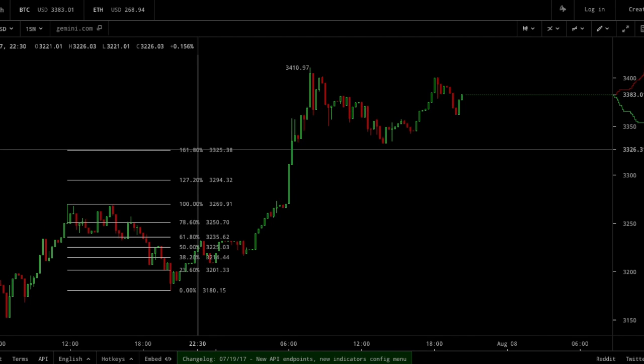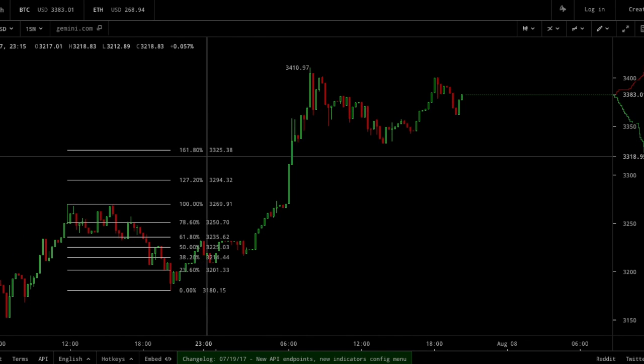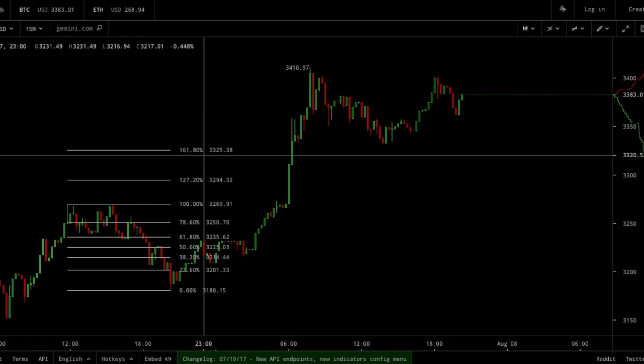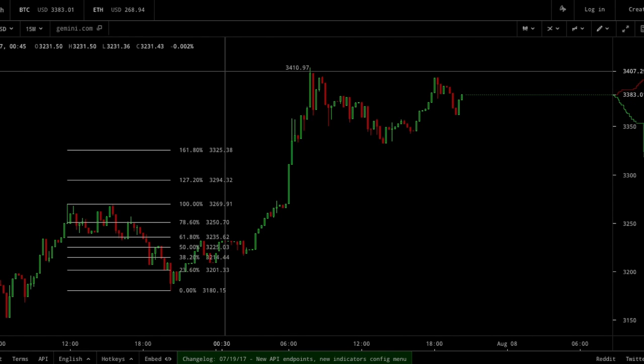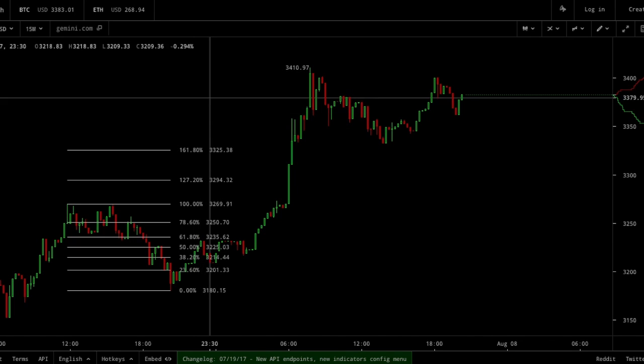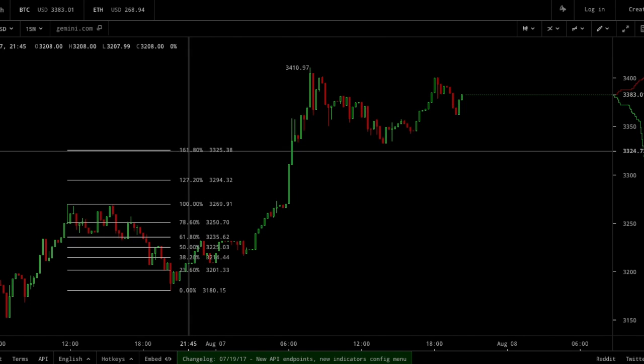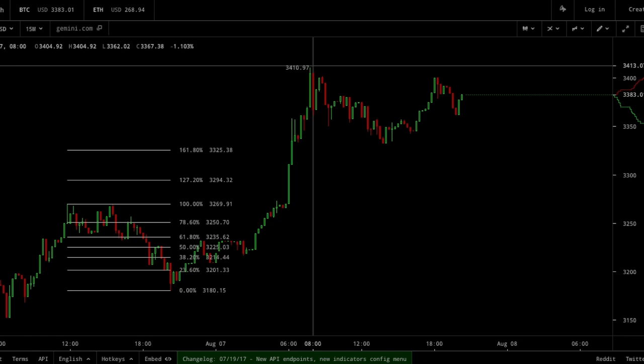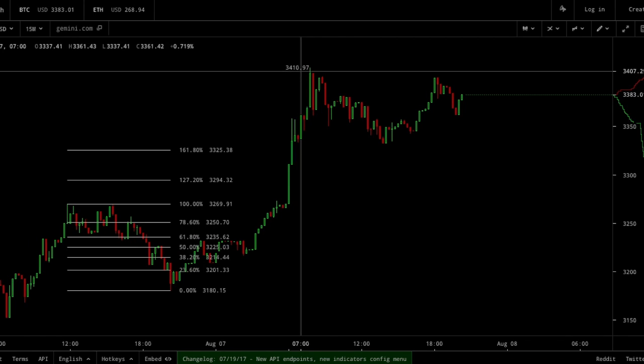It'd be nice if they did show that. But if you had calculated the 261.8% extension, it would be 3414. That would have been perfect, because the 261.8% level was right here, 34.14, and was perfectly resisted, with price only missing it by $3.